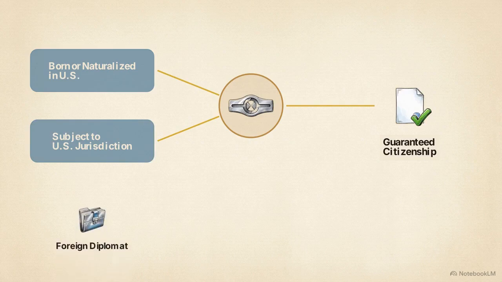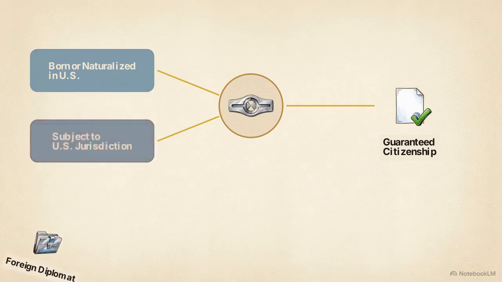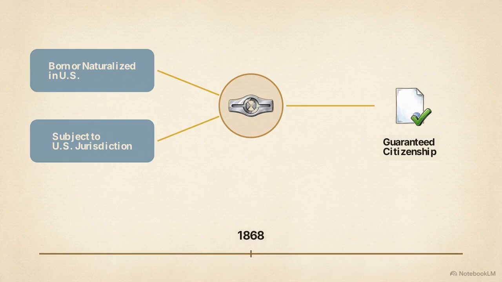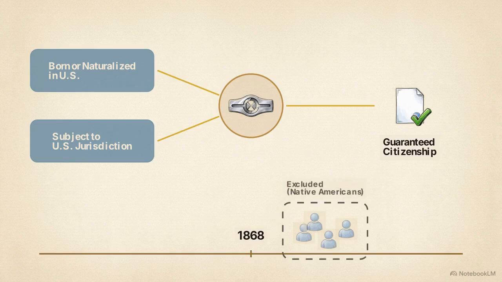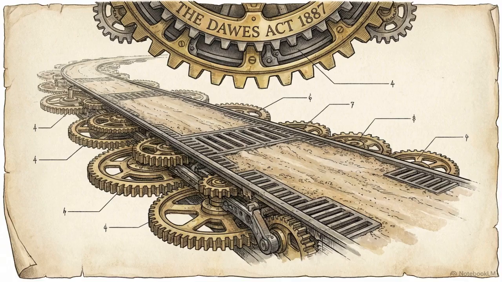The jurisdiction variable excludes specific exceptions, such as foreign diplomats born on U.S. soil. Because they are legally subject to their home countries, the system rejects their citizenship claim. For decades after 1868, Native American populations remained outside this logic gate, creating a significant loophole in the amendment's initial reach. The 1887 Dawes Act attempted to address this with a conditional offer.